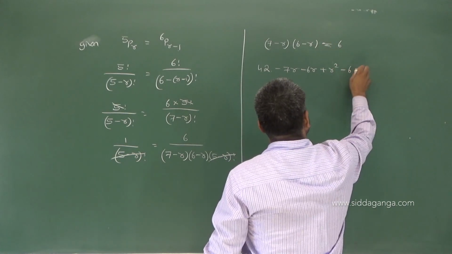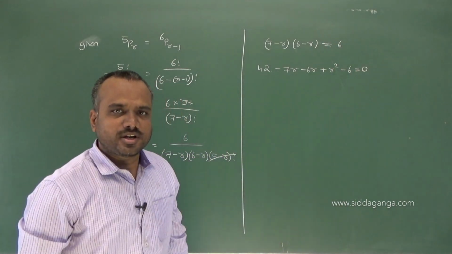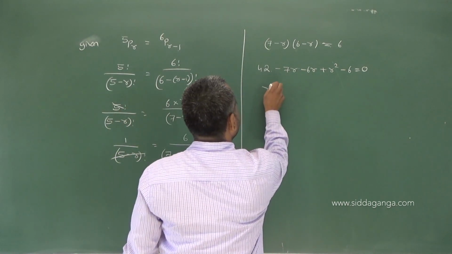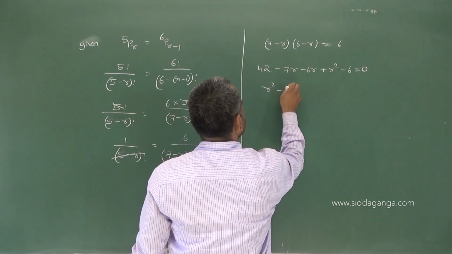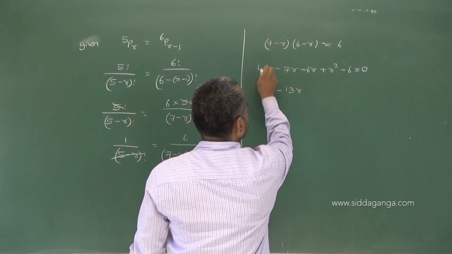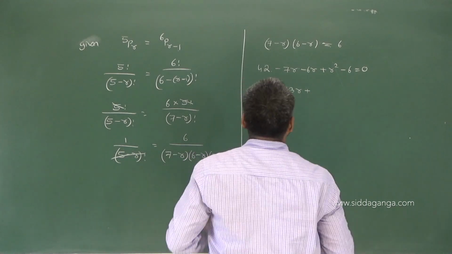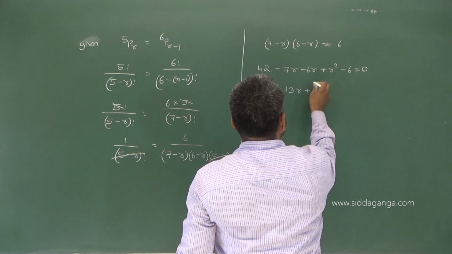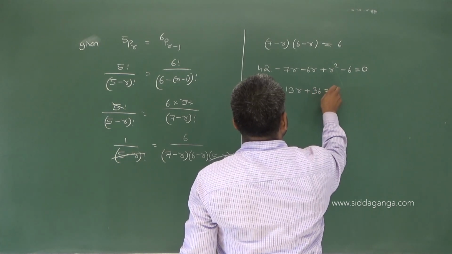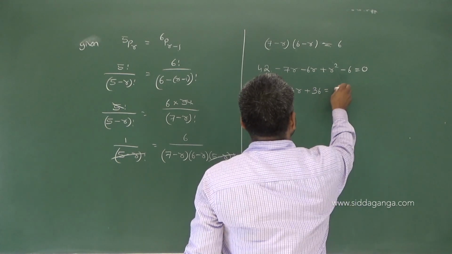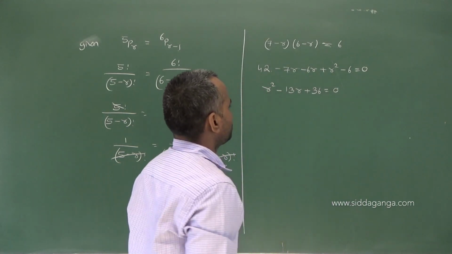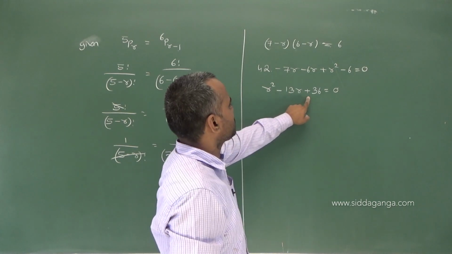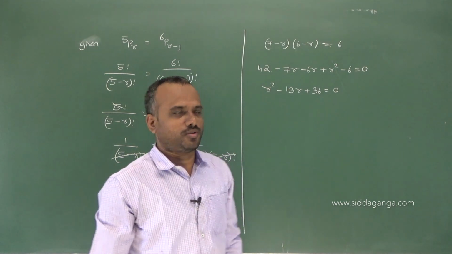I shift it from right side to left side; plus 6 becomes minus 6. r square minus 13r plus 36 is equal to 0.